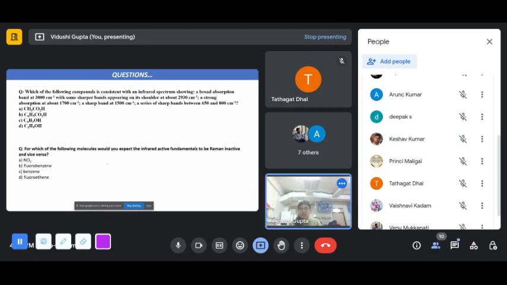Now the next question. Which of the following compounds is consistent with the IR spectrum showing a broad absorption band at 3000 cm inverse with some sharper bands appearing on its shoulder at about 2930 cm inverse, a strong absorption at about 1700 cm inverse, a sharp band at 1500, and a series of sharp bands between 650 and 800?